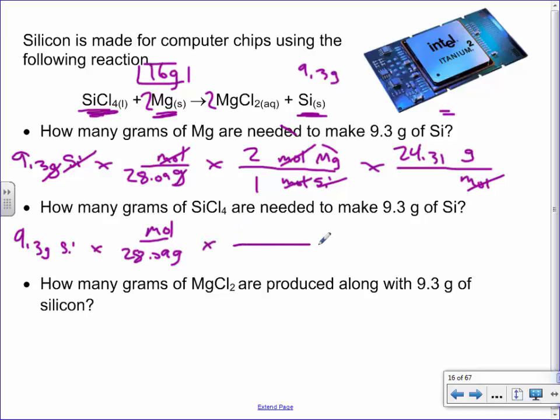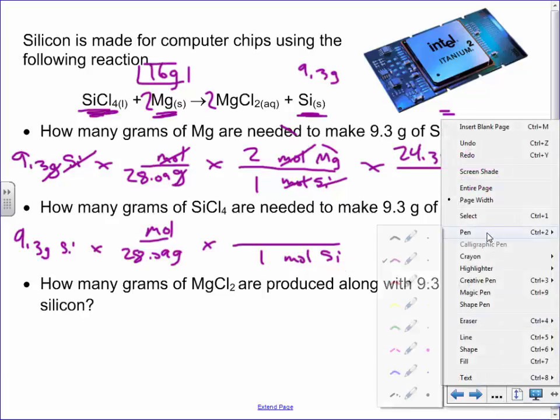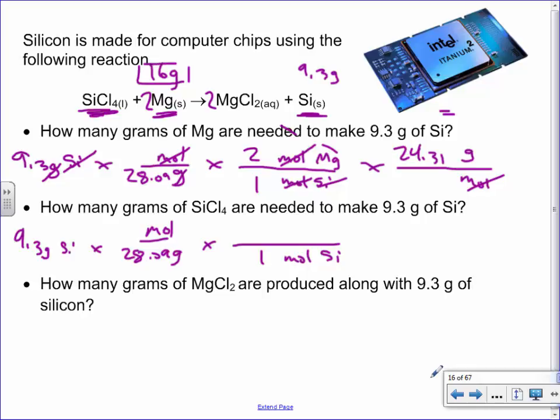And when I'm trying to do a conversion, I still know that I need 1 mole of silicon. Like literally the first half of the equation hasn't changed. So I'm going to use a different color here. What does change though is, see how right here I wanted to find magnesium? Well, in this example here, I want to find silicon tetrachloride.